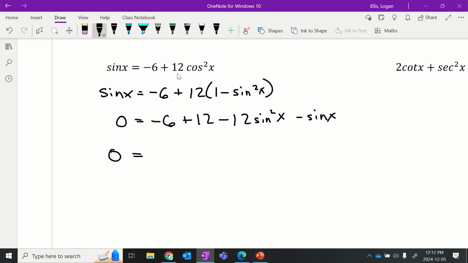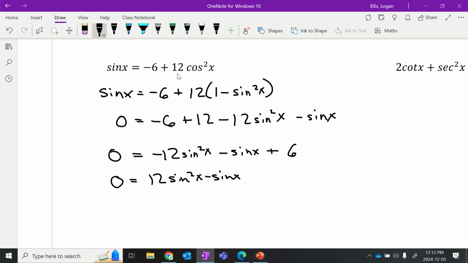Let's go 0 equals, we're going to put our sine squares in the front, so negative 12 sine squared x, and then we're going to get minus sine x, and then we're going to get negative 6 plus 12 is plus 6. Yes, why did that take me so long? All right, good. Let's just multiply everything by negative 1, just because I don't like the negatives in the front. So 12 sine squared x minus sine x plus 6.